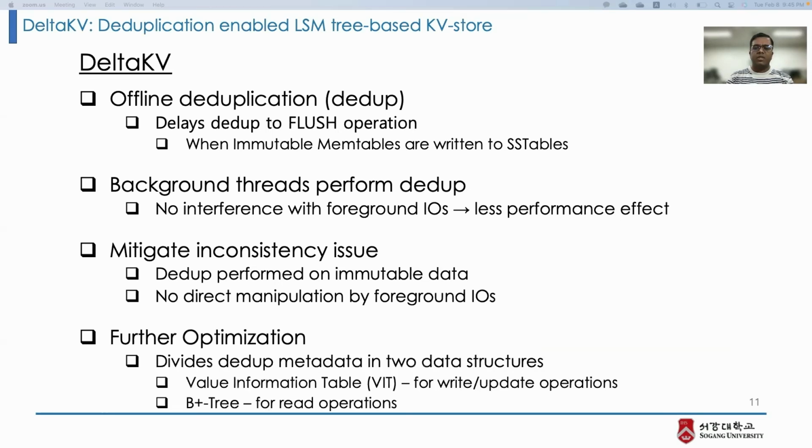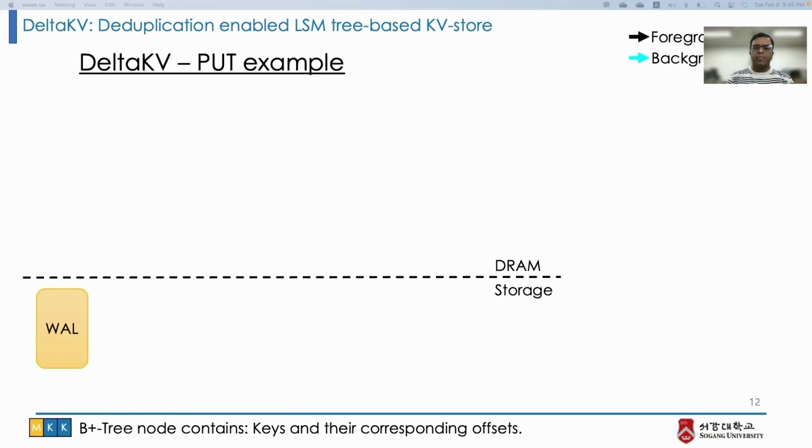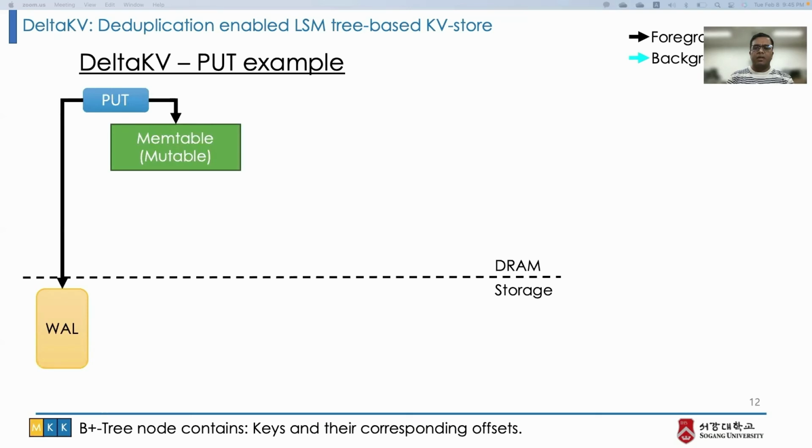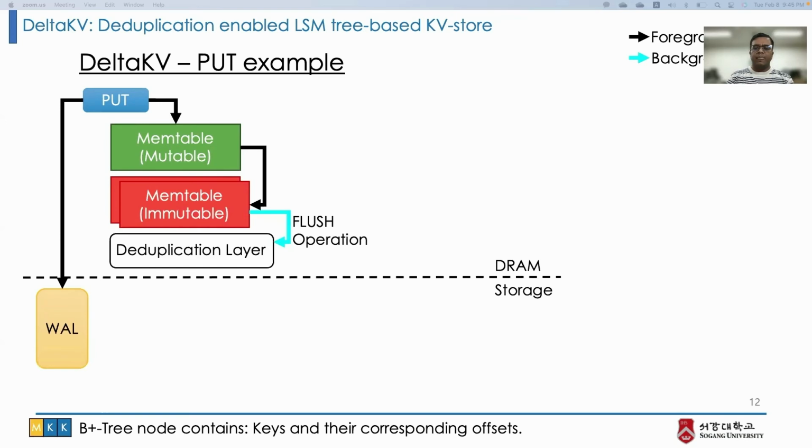For further optimization, we divide the metadata into two structures: the value information table, which only serves the write operations, and the B plus tree, which serves the read operations. Let's look at the example. A write request follows the same path, writing to the WAL and then writing to the memtable. Once the memtable is full, it is converted into an immutable memtable, and as the threshold is met, the flush operation is triggered.